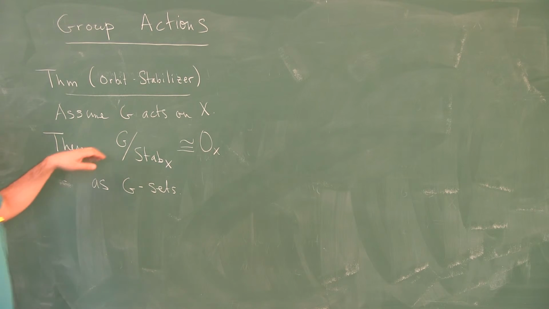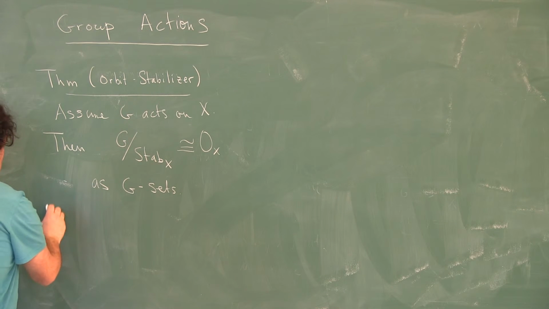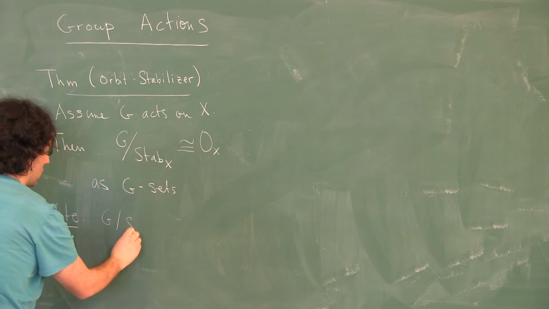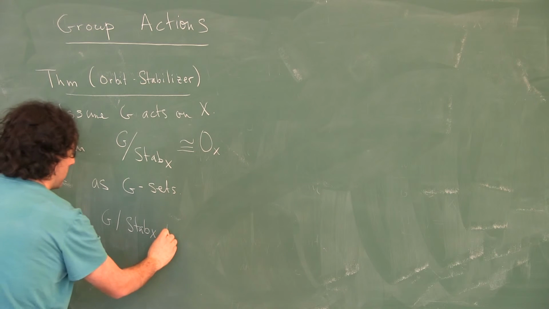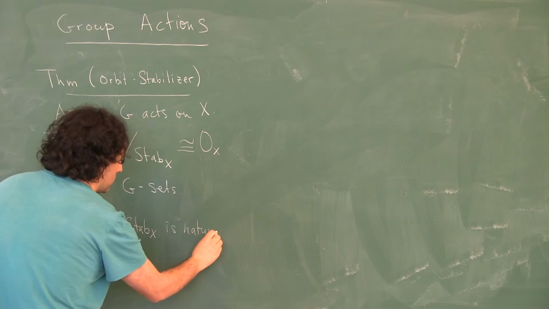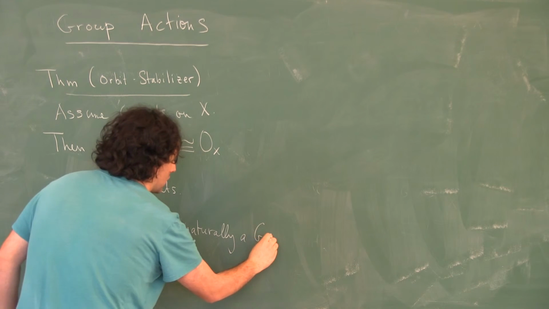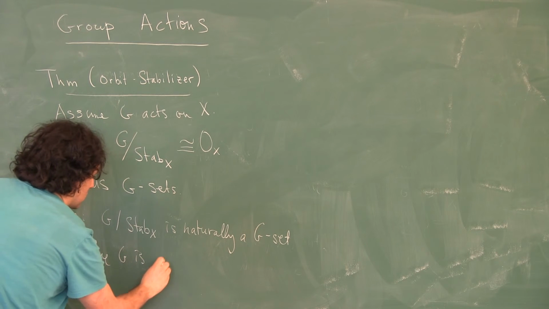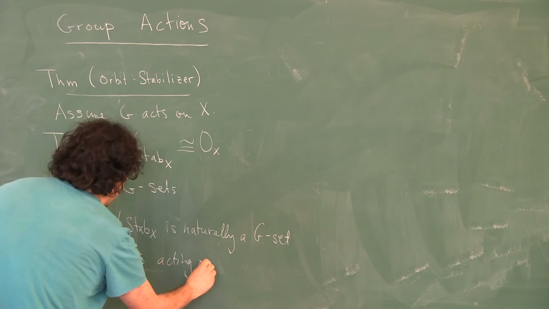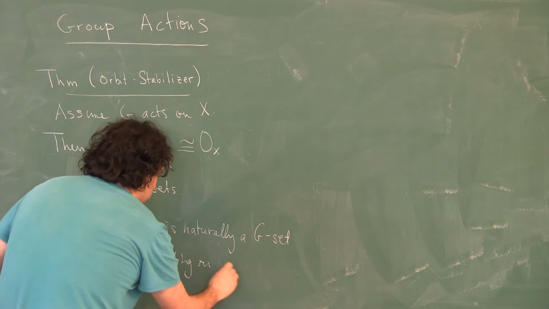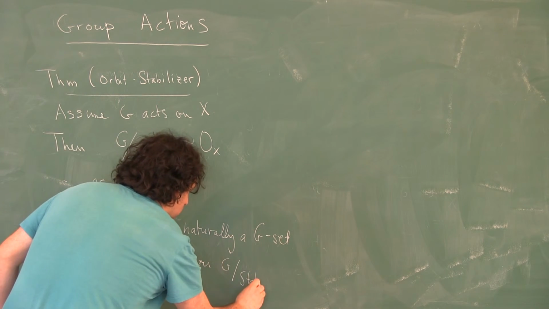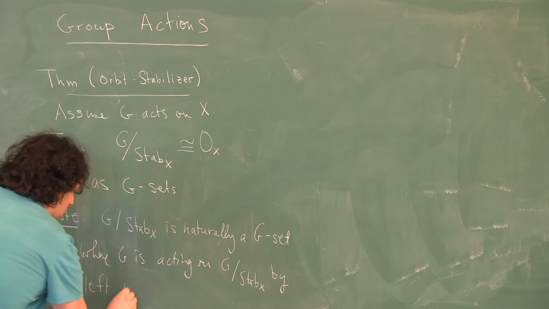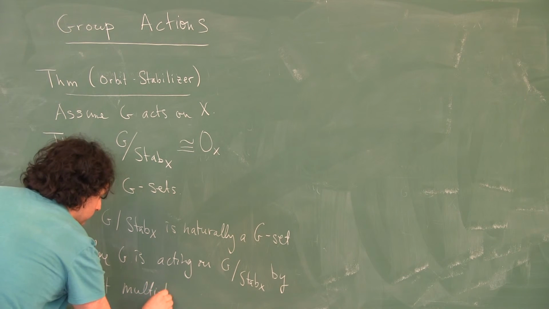So here we have to note that G modulo the stabilizer of x is naturally a G set where G is acting on G mod the stabilizer of x by left multiplication.